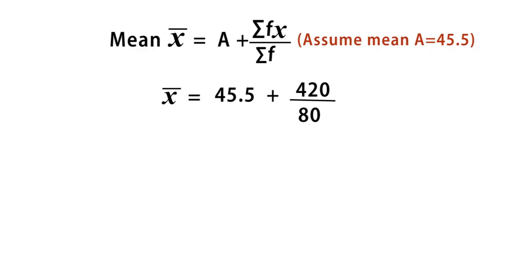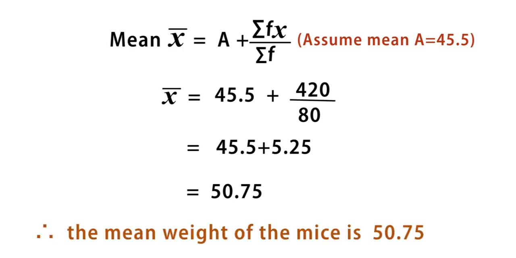When we did all the total, we had 50.75. Therefore, the mean weight of the mice is 50.75. Once it comes after the point, you should just say it as point seven five.